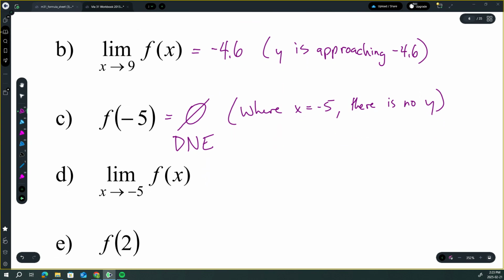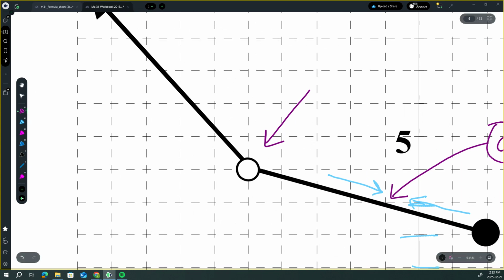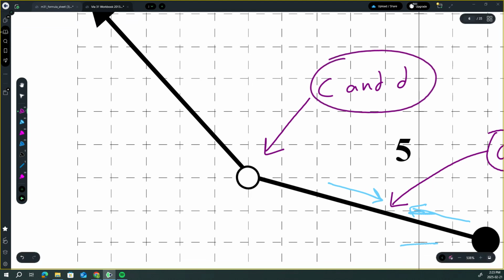Now for d, we're looking at the same point, except now we're figuring out the limit of f of x as x approaches -5 from both the left and the right-hand side. So this is going to be a little bit different. Maybe I'll write c and d. Again, mentally tracing my finger from the left and the right-hand side, I'm noticing that from both sides, the graph is approaching 4.